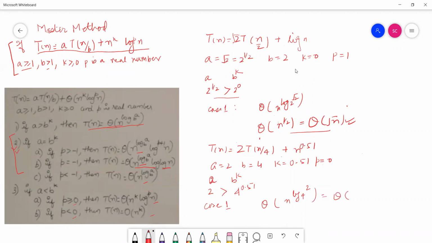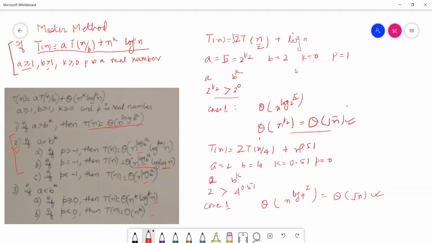That is again theta of under root n. Okay. I'm giving some questions, try those questions and then let me know. I hope this is clear.